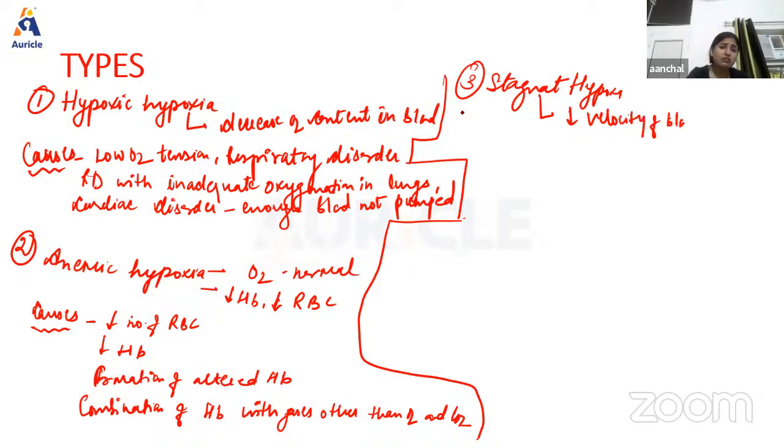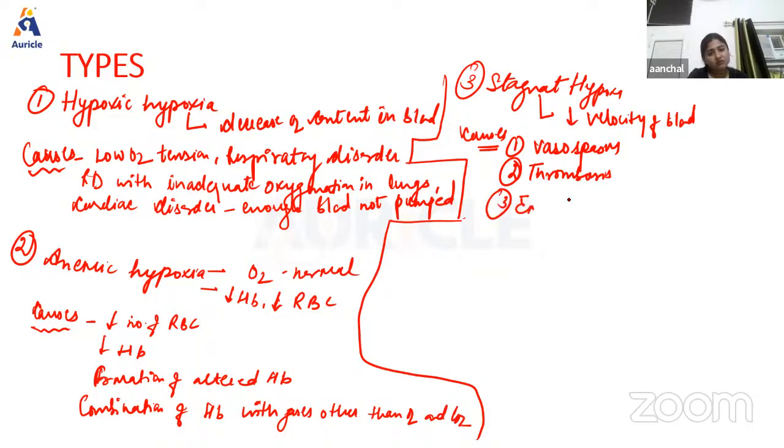And for stagnant hypoxia, various causes are there, like vasospasm, then thrombosis, embolism, hemorrhage.